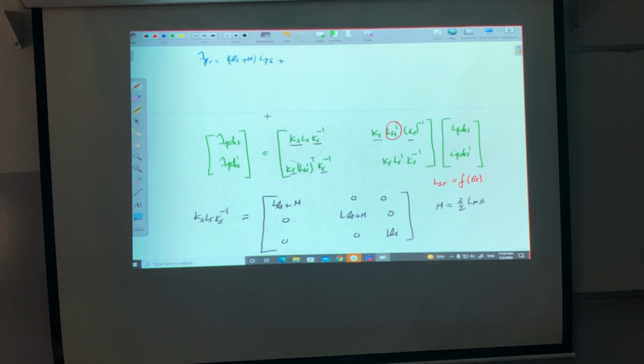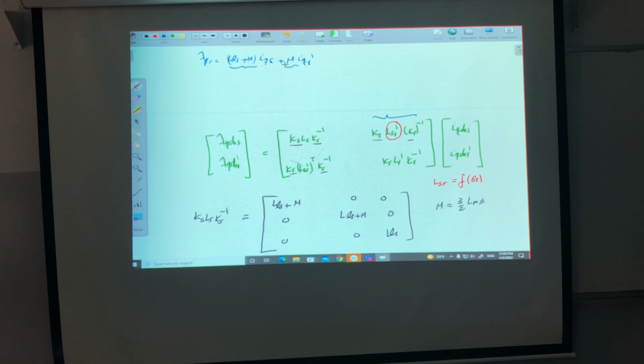Plus the second term from here, where I have only the mutual, and this mutual is multiplied by what? IQR dash, so plus M IQR dash, correct? So simply this is seen as what? Self-inductance plus mutual inductance. Very simple.